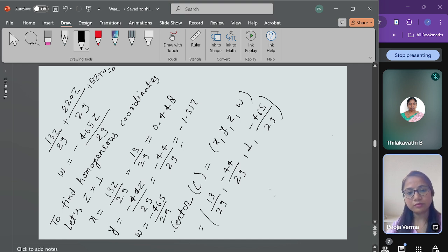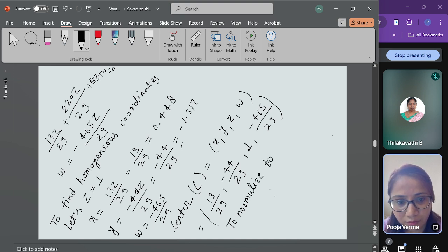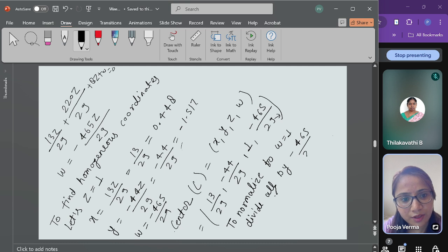To normalize w equal to 1, we again divide all these values by minus 465 divided by 29.